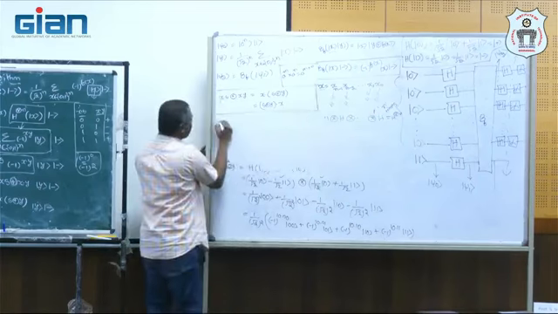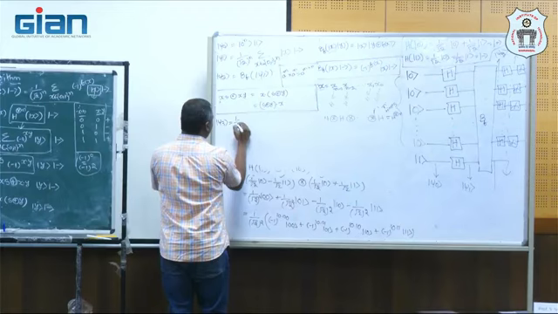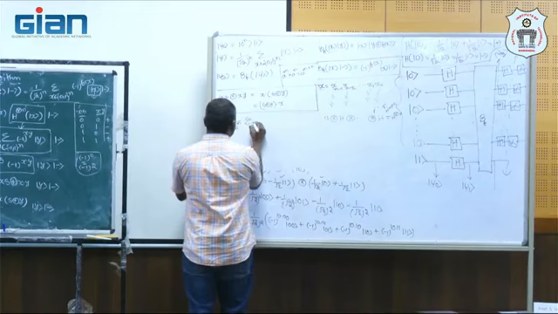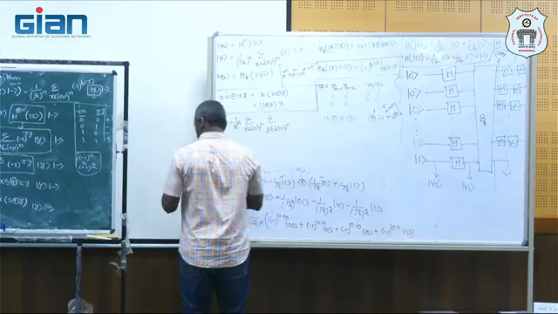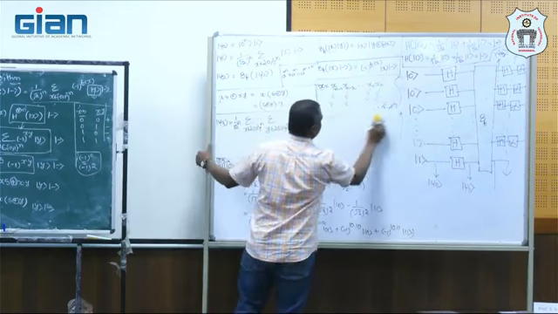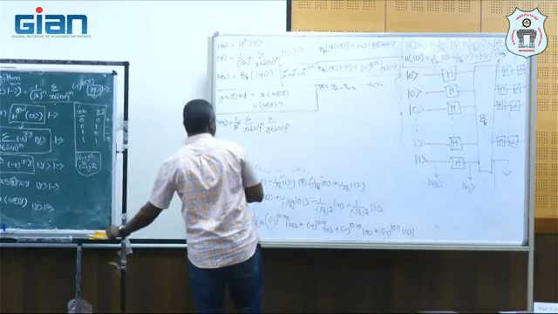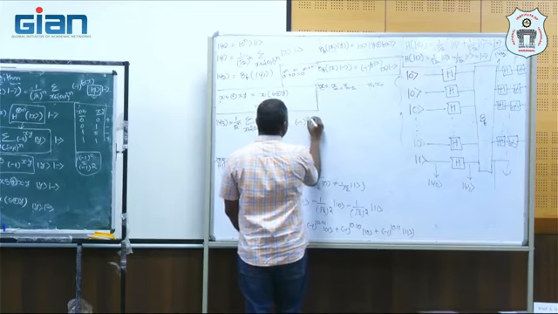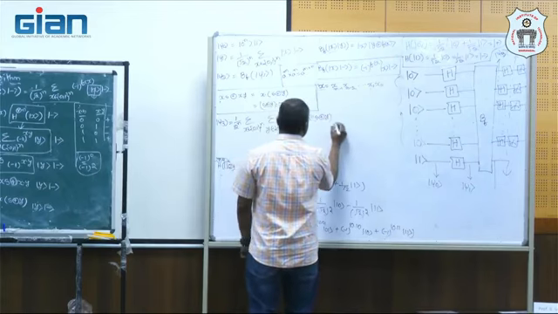So what is psi 3? Psi 3 is 1 by 2 power n, sigma x belongs to {0,1} power n, y belongs to {0,1} power n, minus 1 whole power x dot y, ket y, ket minus.